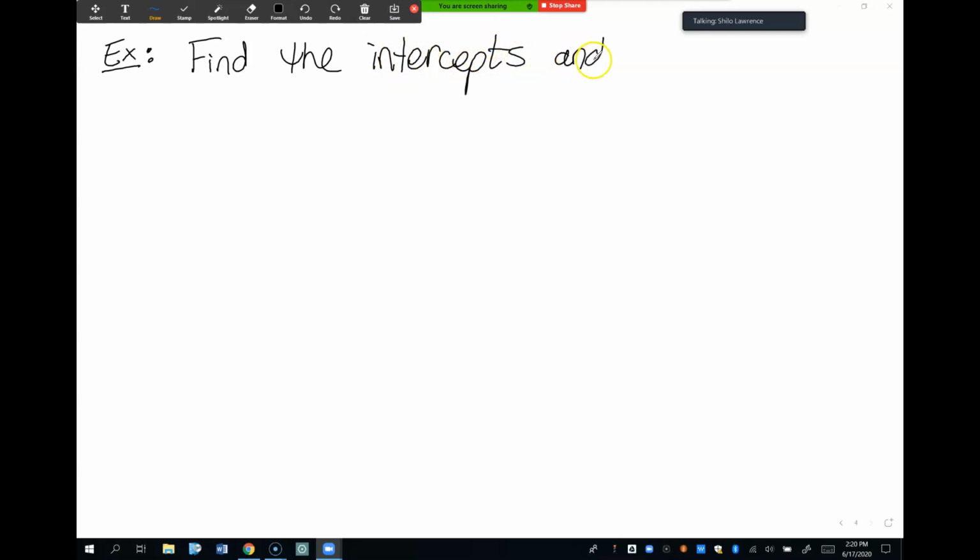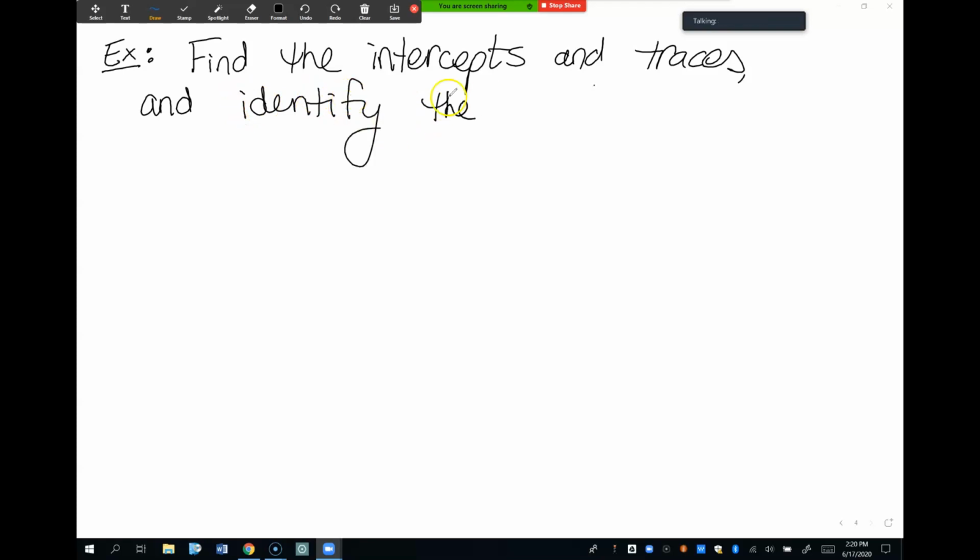So we're going to find the intercepts and traces again, and we want to identify what this surface is.